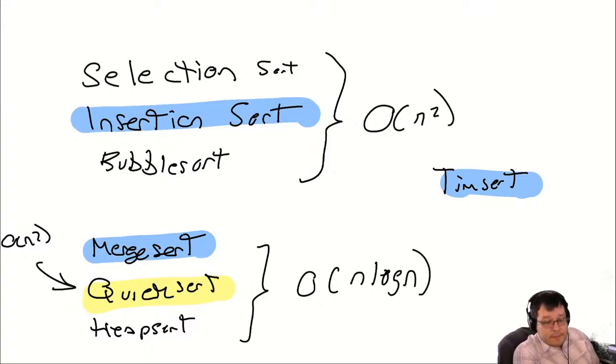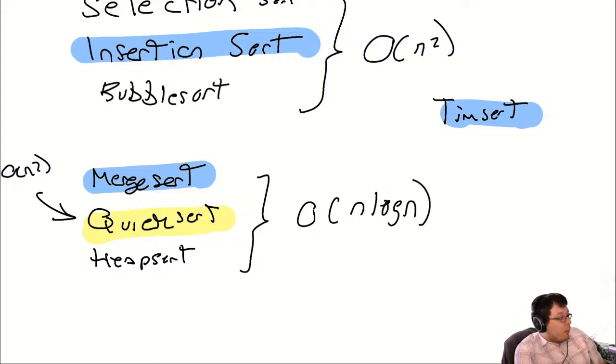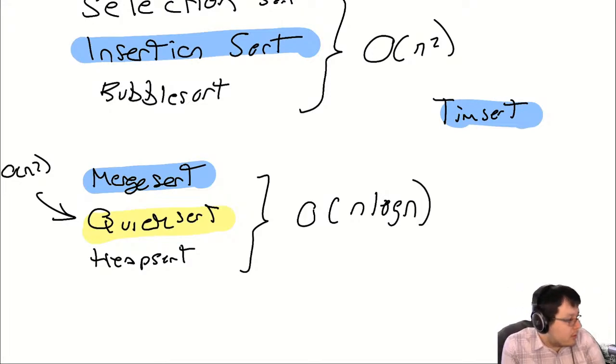So anyways, from these, while I could show you all of them, I think the fastest one that I want to show you that you could probably understand is going to be merge sort. Quicksort is tricky. I can give you a very, very brief one, but I would rather focus on merge sort.